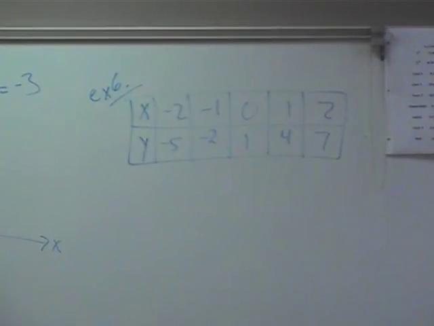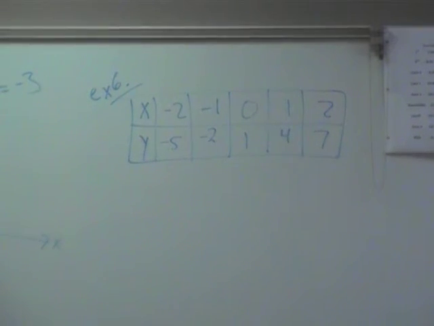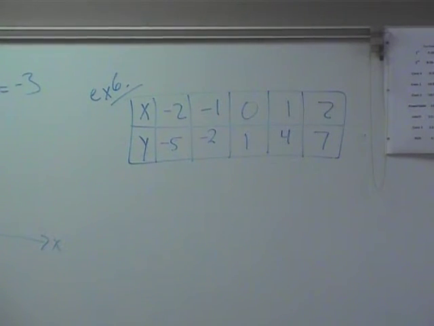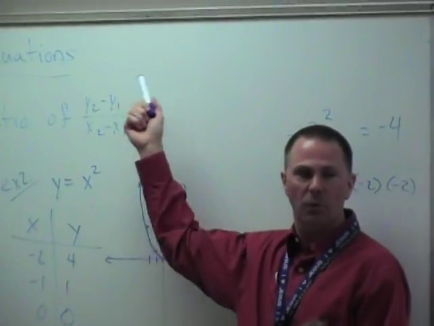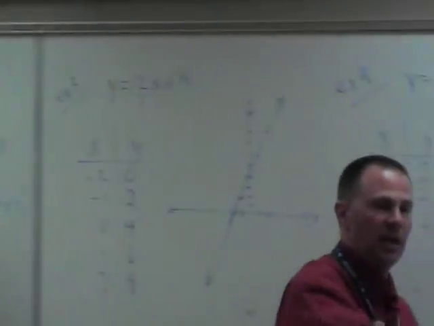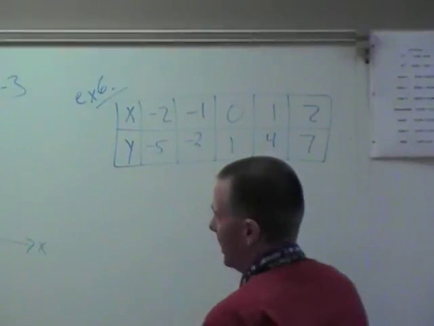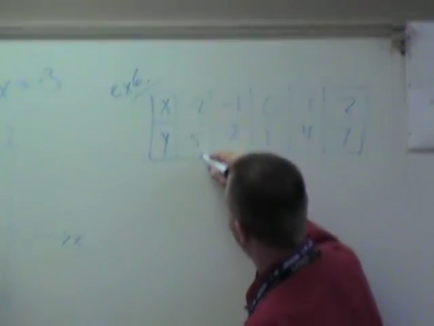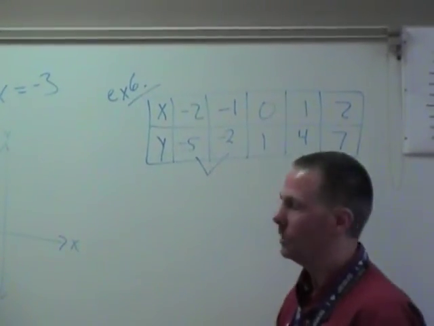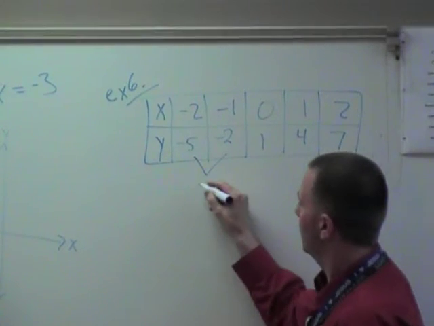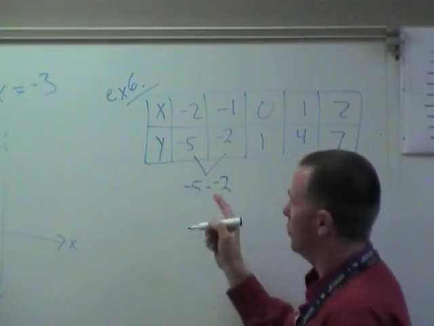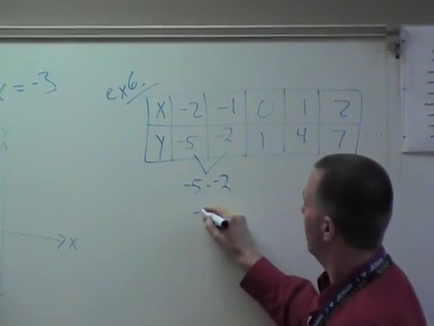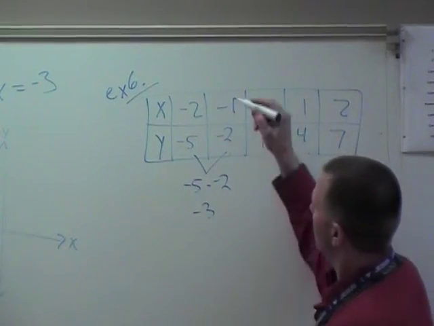So what are you going to do to find the rate of change? You're going to take two coordinates, subtract the y values, and subtract the x's. What's the difference in these two y values? -5 minus -2. What do you get? -3.